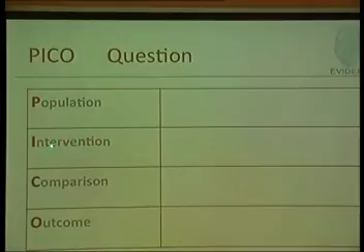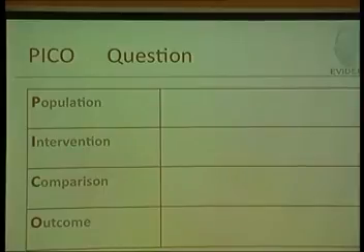Some other people refer to it as exposure, E, so sometimes they replace the I with an E, exposure, so it's called PICO. C is usually for comparison or controls, and O is for outcomes, what the outcome came out from exposing or having an intervention applied for a population compared to the controls. As simple as that. Okay?